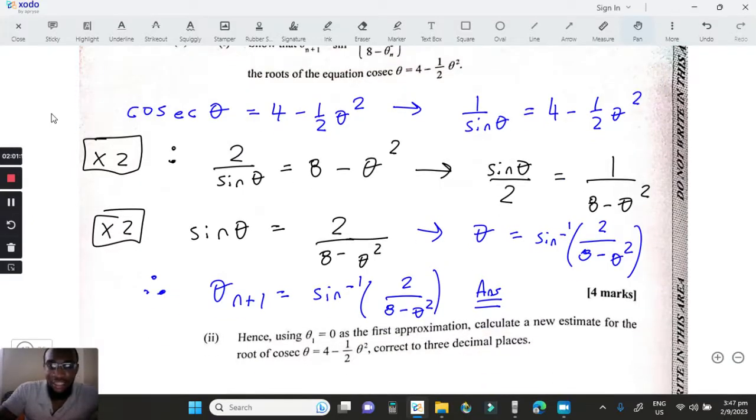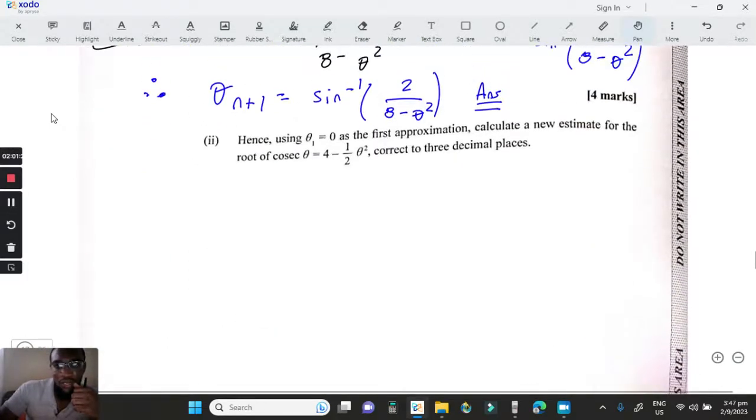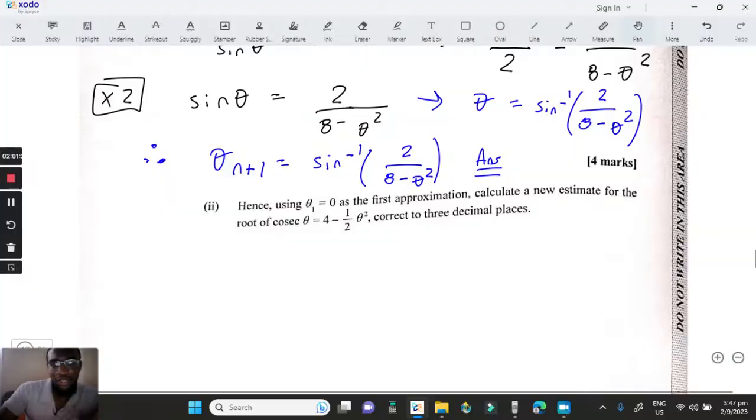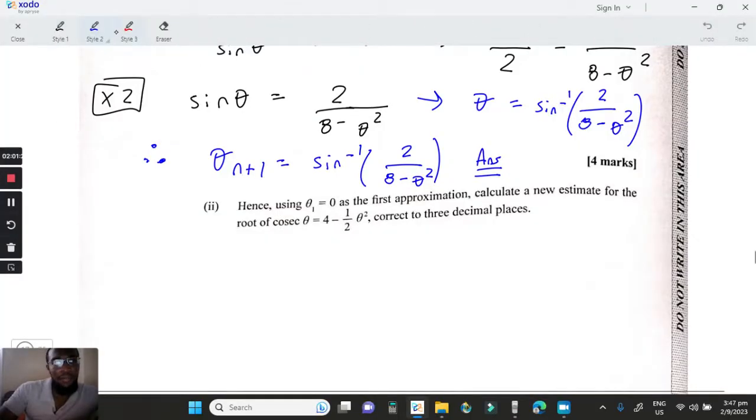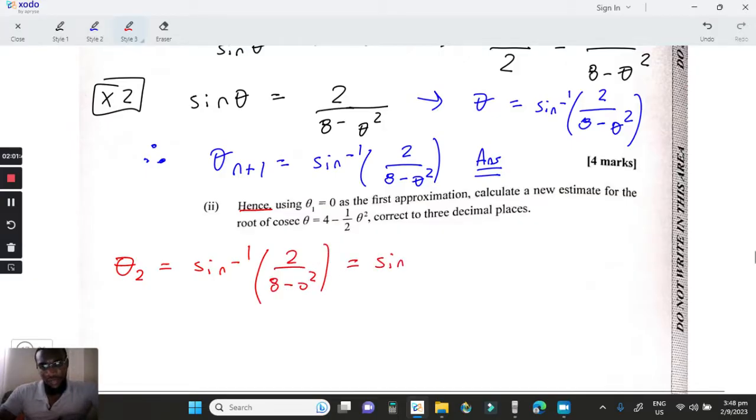Now it says using theta 1 as 0, calculate a new estimate for the root correct to 3 decimal places. So we're going to have to use a formula. It's a hence. So using theta 1 as 0, theta 1, that becomes 1 plus 1 is 2. So theta 2 is sine inverse of 2 over 8 minus 0 squared, which is sine inverse of a quarter.